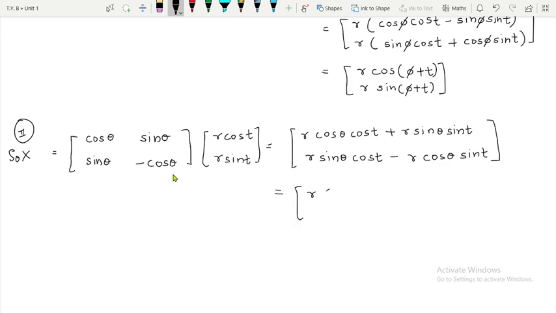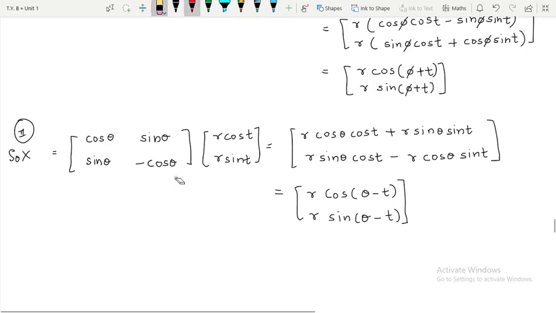So cos a cos b plus sin a sin b, so it is cos of theta minus t, and this is r sin of theta minus t. So just see what the reflection matrix does on our vector r cos theta, r sin theta. Just observe this angle because this will be required in the next theorem.